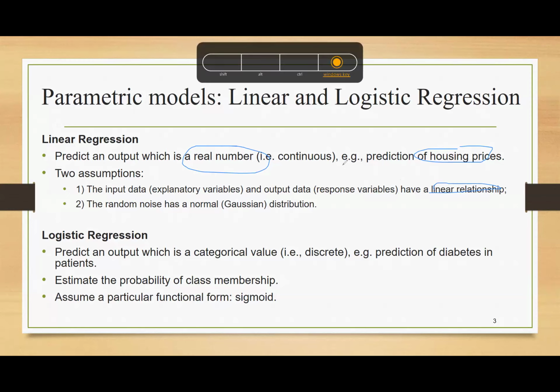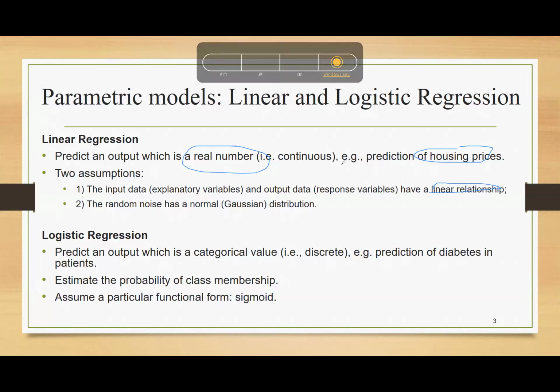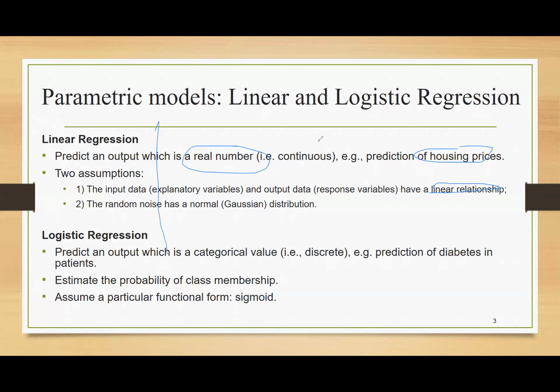Let me see if I can use the pad here. So let's see, we have axes, right?